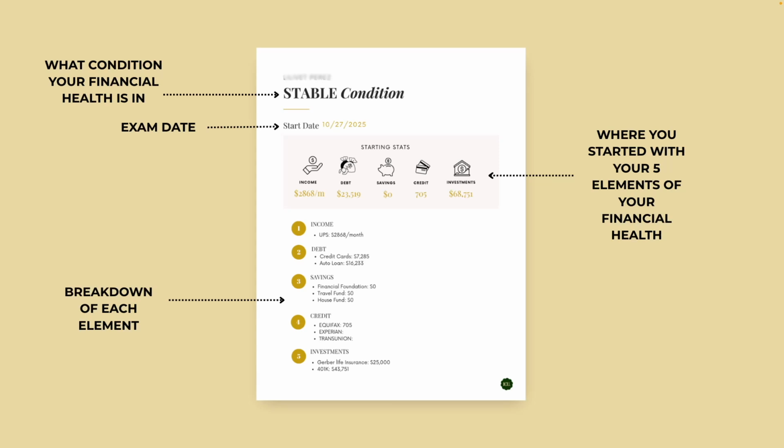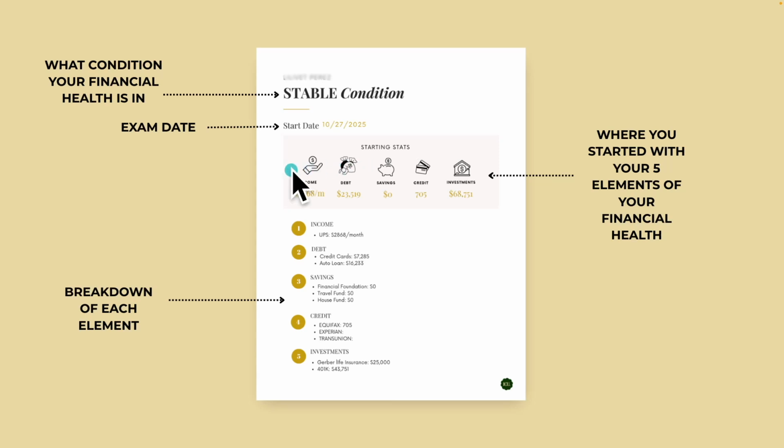So you know exactly October 27th, let's say for this example, right? In October 27th, 2026, or that following year, whatever that may be when you're watching this, then you're like, oh my gosh, this is how far I've come when you come back and look at your own starting stats, okay?